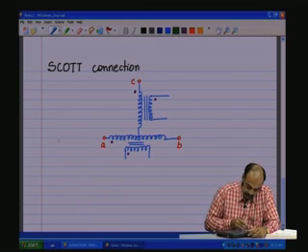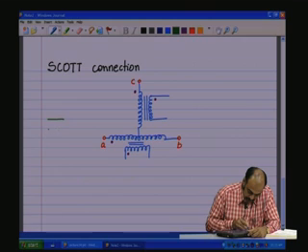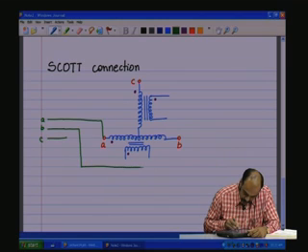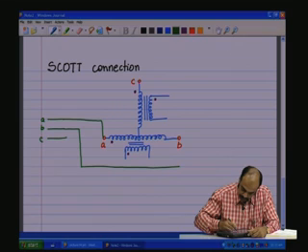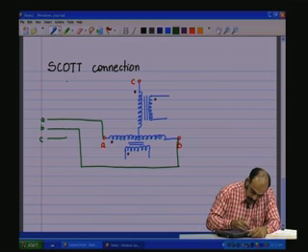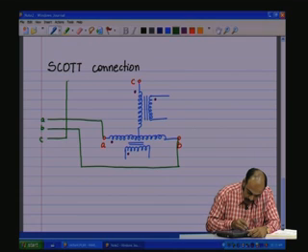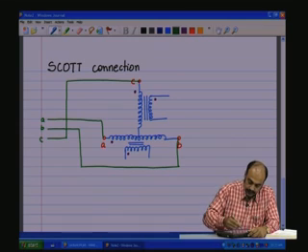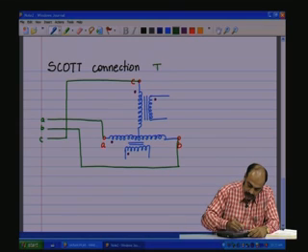We have a three-phase system A, B, C, where A is connected here, B is connected here, and C is connected here. So, this looks like a T, therefore, this is also called a T connection.